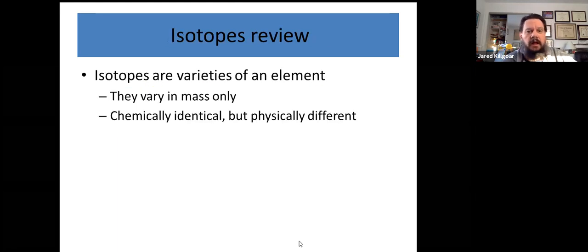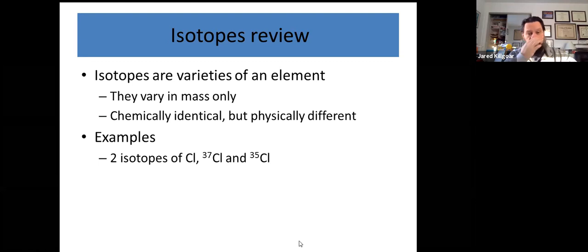Okay, so just a quick review on isotopes. Isotopes are a variation of an element. They're a specific type of atom, chemically identical, but physically different in that they have different mass and different numbers of neutrons. So these are 2 isotopes of chlorine, chlorine-37 and chlorine-35.